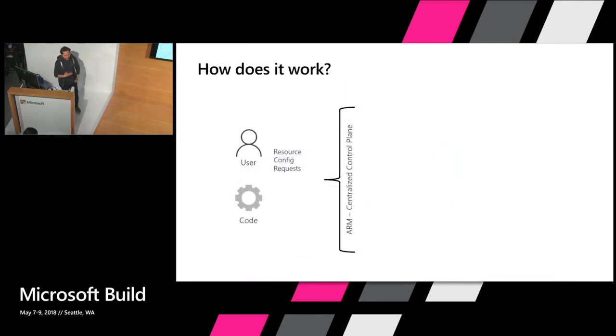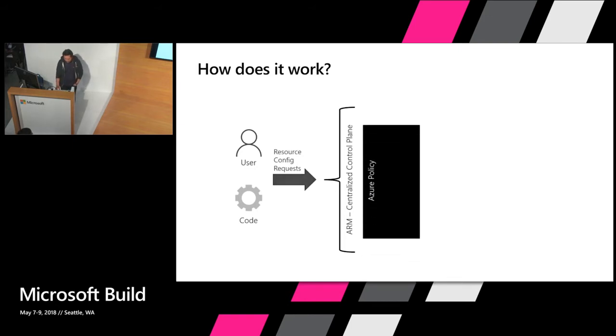So let's take a look behind the scenes at how this works. Azure Resource Manager is the centralized control plane for Azure. All of the requests, regardless of what form they take, have to get through ARM before resources can be deployed or changed, whether it's done through a user or through code.